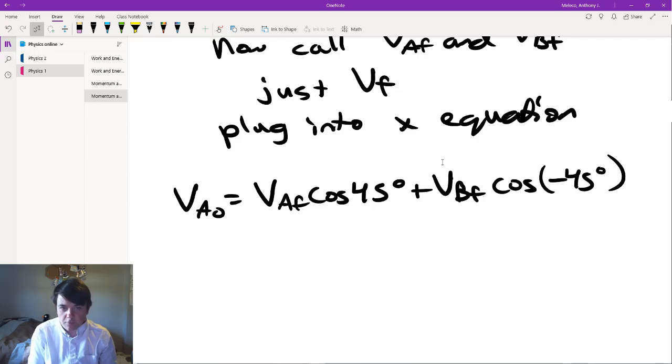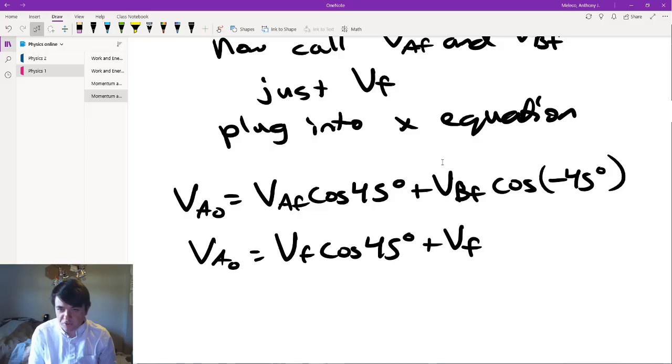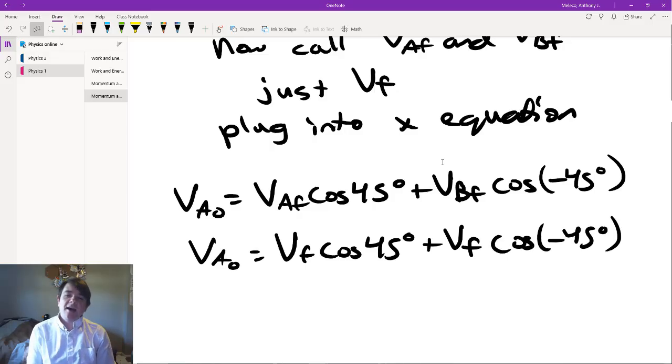So I'm going to rewrite it: VAO equals VF plus VF, just replacing these because they're the same thing now. Now we could add these together if these were the same thing. But the problem is cosine of minus 45 isn't the same thing as 45.